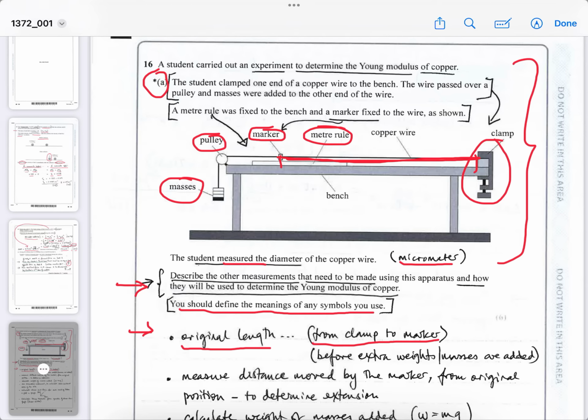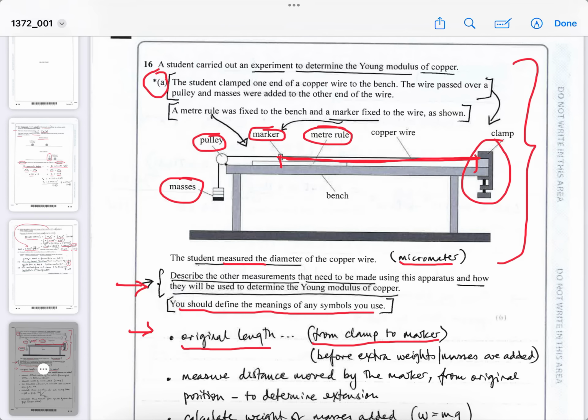Before extra weights or masses are added, because remember the extra weights are what causes the extension every time you're adding it. So you could have one weight on there already as your control to make sure that the wire is nice and straight, okay? Another common problem with this measurement is if the wire has got any kinks in it.